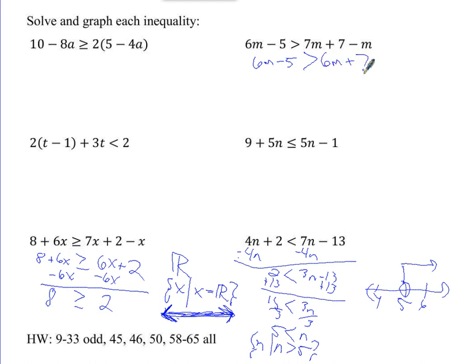Okay, now what? Subtract 6m from both sides. And we get negative 5 is greater than 7. That's false. So therefore, we are going to say that there is no solution.